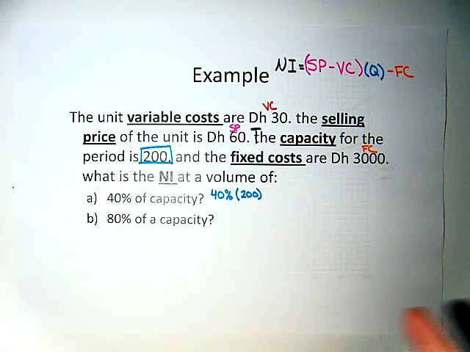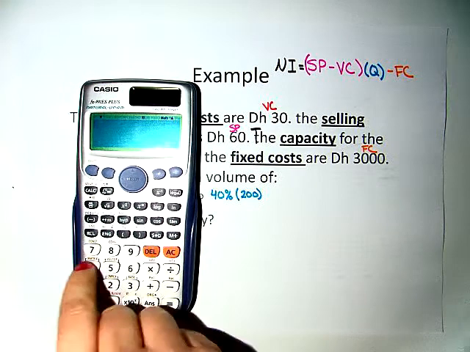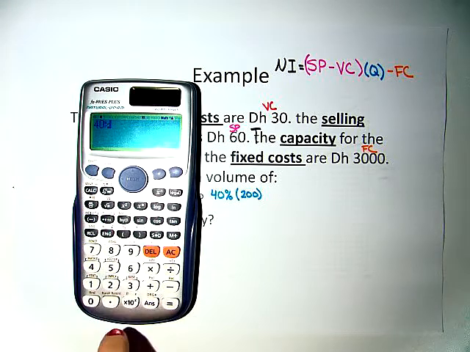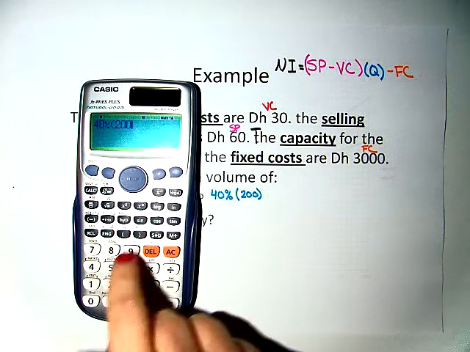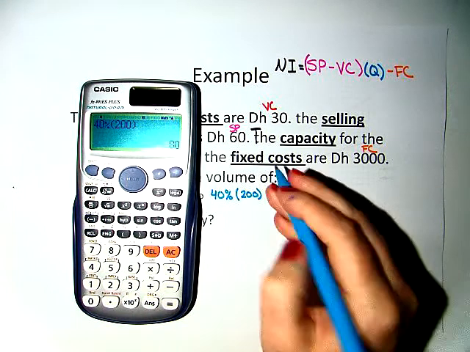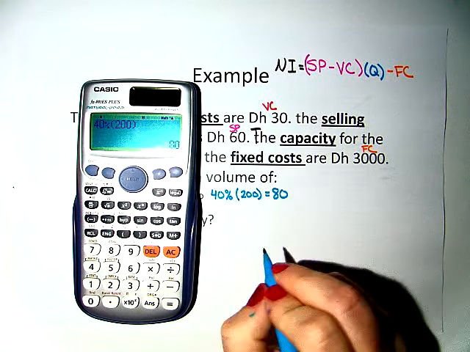So if we look at 40% of capacity, we're going to take our calculator and put 40% times 200. And we get that 40% of capacity is a quantity of 80.